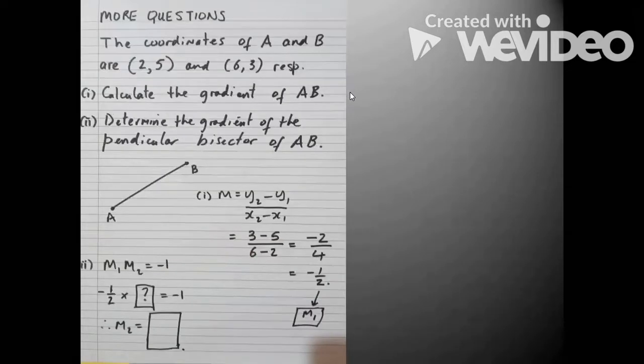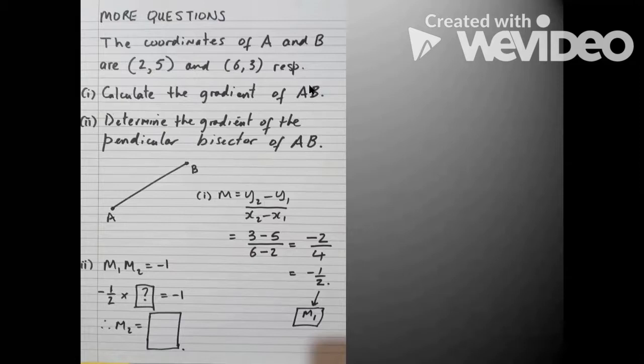Oh, we have more questions. So the coordinates of A and B are (2, 5) and (6, 3) respectively.